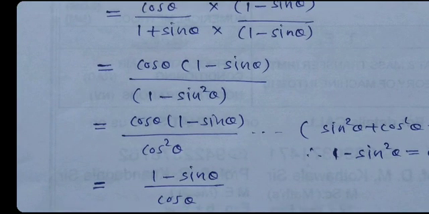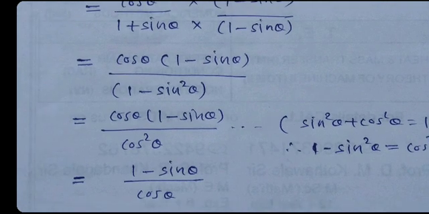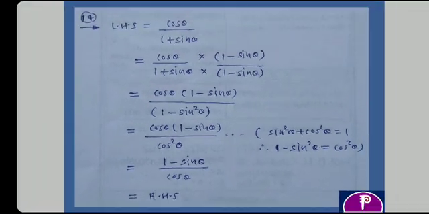Okay, but 1 minus sin square theta can be written as cos square theta as explained here. So it becomes cos theta into bracket 1 minus sin theta upon cos square theta. One cos theta gets cancelled, so it becomes 1 minus sin theta upon cos theta, and this is our RHS.